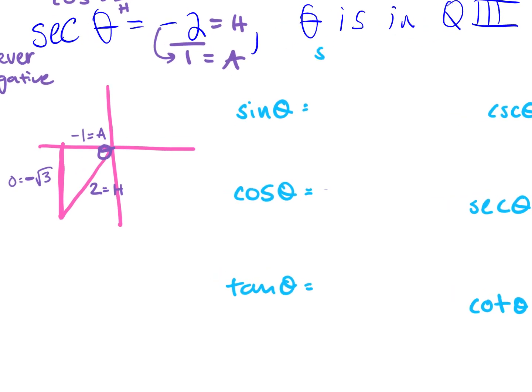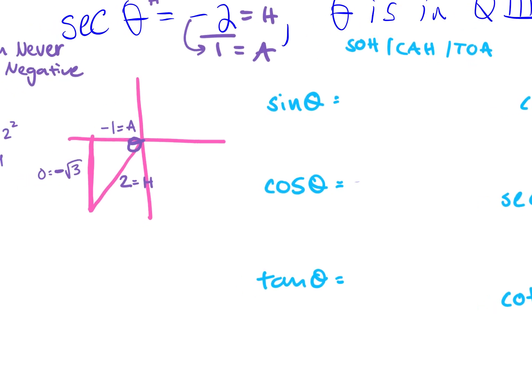All right, so it helps to know SOHCAHTOA. So sine would be opposite over hypotenuse. So what would that be? Negative square root 3 over 2. Perfect. We don't have to rationalize because the square root's on top.